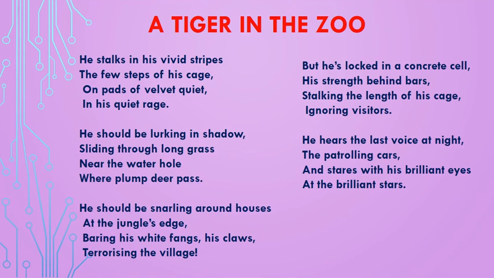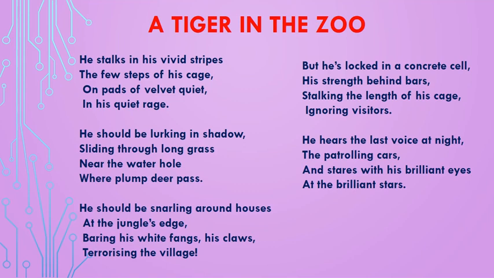But he is locked in a concrete cell, his strength behind bars, stalking the length of his cage, ignoring visitors. The last stanza: He hears the last voice at night, the patrolling cars, and stares with his brilliant eyes at the brilliant stars.